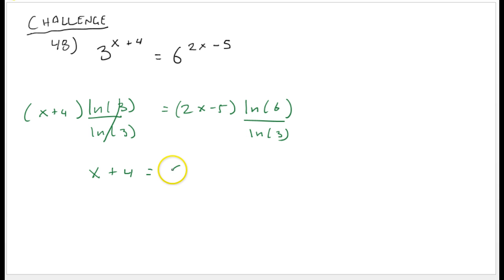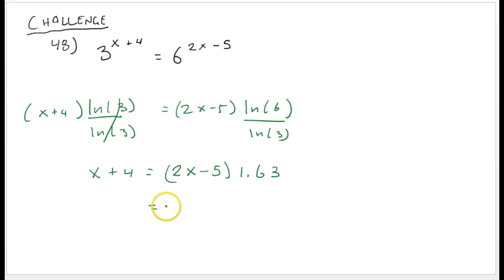So I get 2x minus 5 times the quantity of 1.63. Now I'm going to have to distribute this quantity to both these terms.